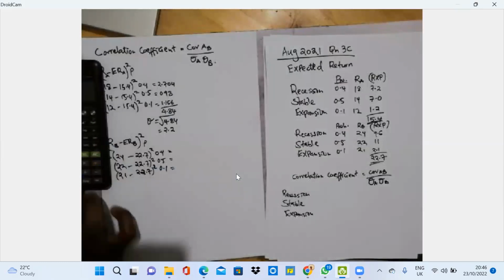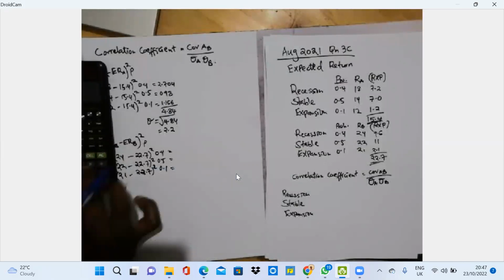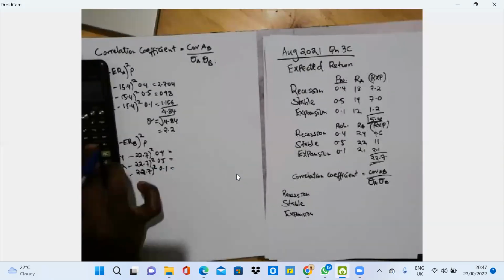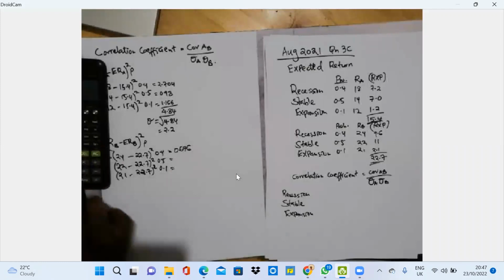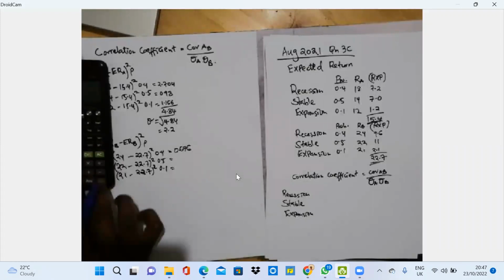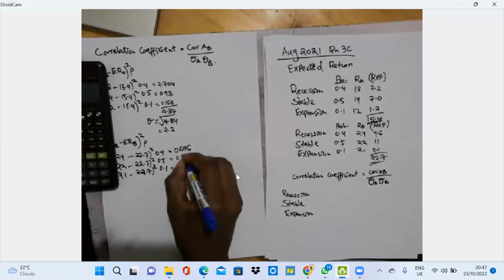So this is 24 minus 22.7 squared multiplied by 0.4, that is 0.676. 22 minus 22.7 squared multiplied by 0.5, that is 0.245.